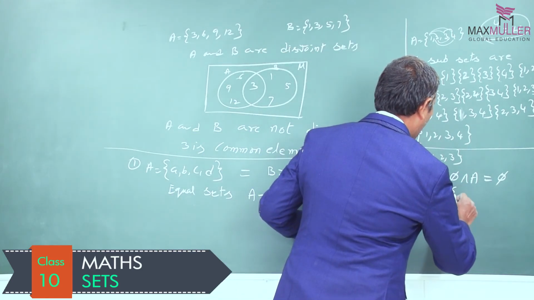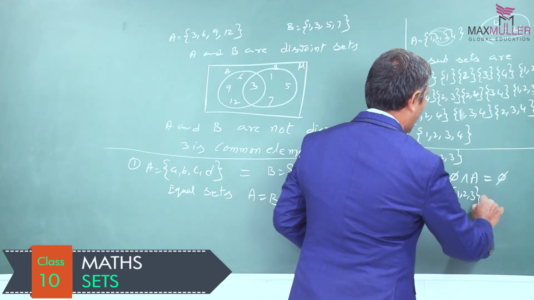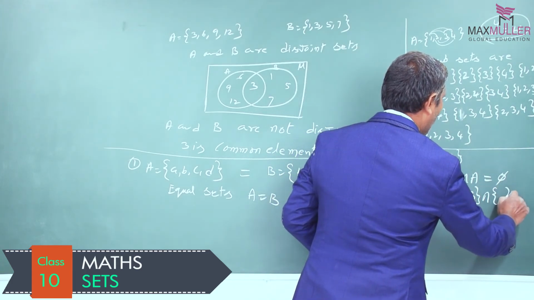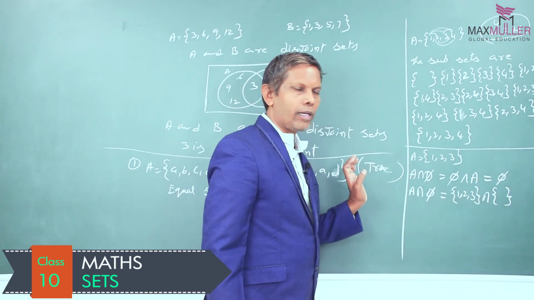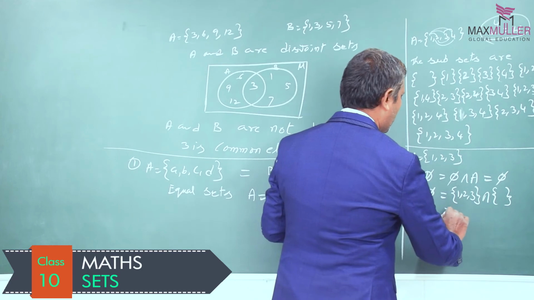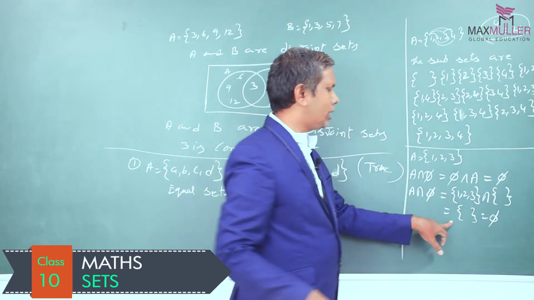Now write all the elements of A, 1, 2, 3, intersection the elements of phi. Is there any common element here? There are no common elements. That is phi.